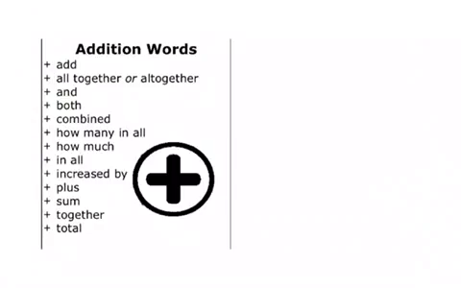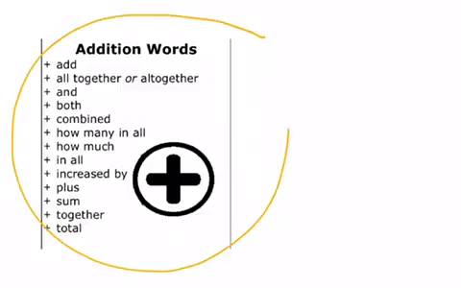You have another handout that you should have printed, and on it are just some key words used in math word problems. So you have a section for addition words. These are so that you can refer back to this sheet, so that if you see these words in a word problem, you're going to probably add something.